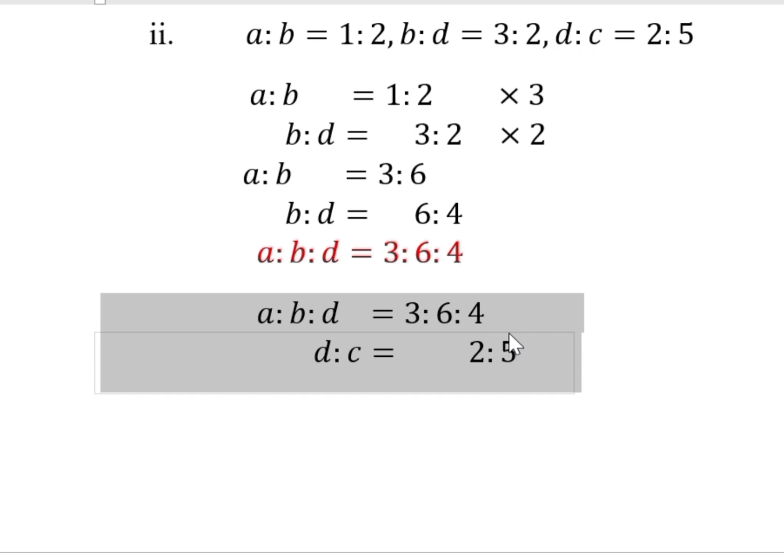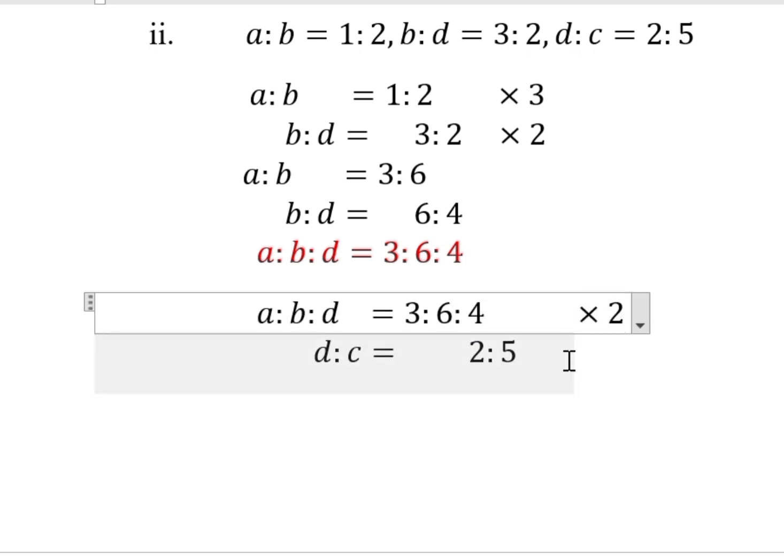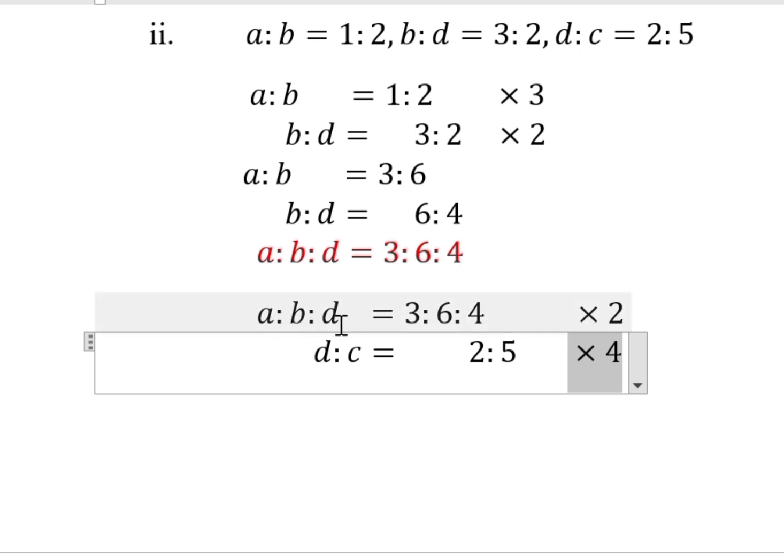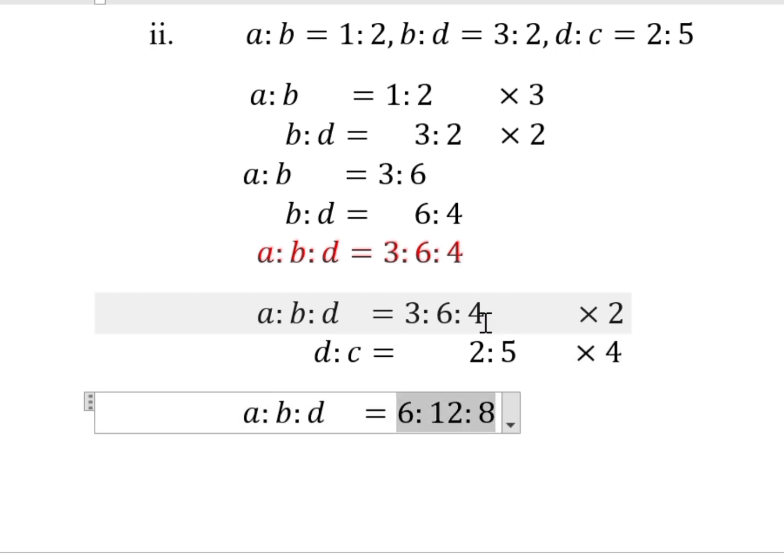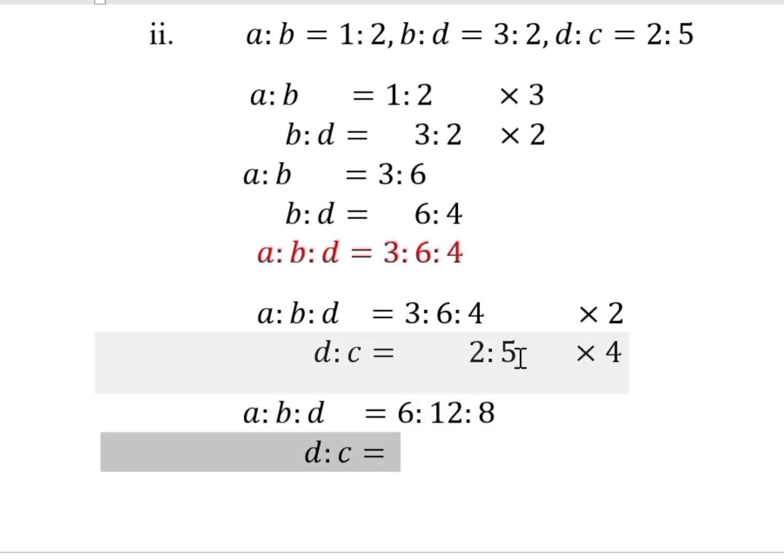Which variable is common up here and down here? Obviously, this D. So we shall take the ratios for D, interchange them, and multiply by them. That means we shall multiply here by 2, and we shall multiply this by 4. When we do that, we shall have A to ratio B to ratio D being equal to 6 to ratio 12 to ratio 8, and then D to ratio C will be equal to 2 times 4 is 8, and 5 times 4 is 20, so 8 to ratio 20.